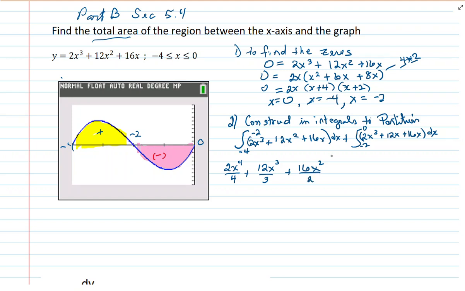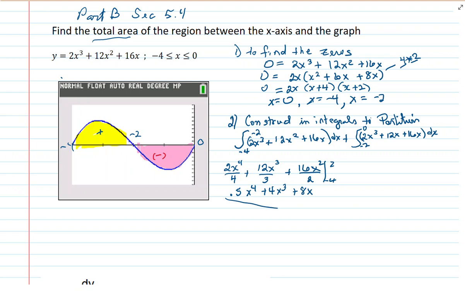I'm going to clean up this integral from -4 to -2. And I'm going to clean it up to 0.5x to the 4th plus 4x to the 3rd plus 8x squared for that position.